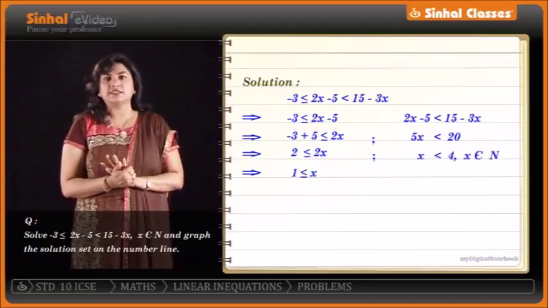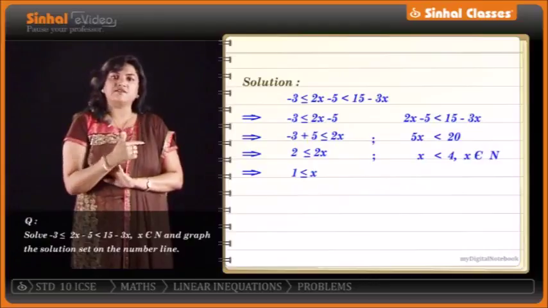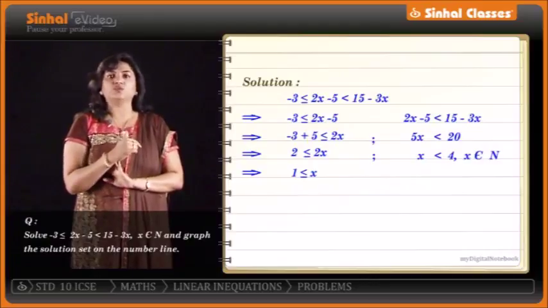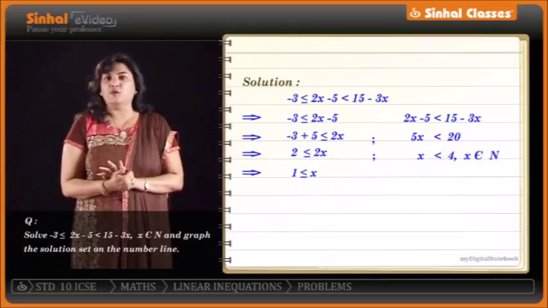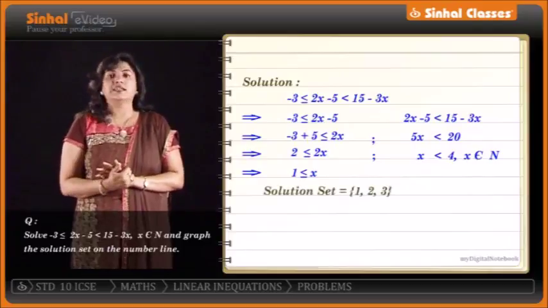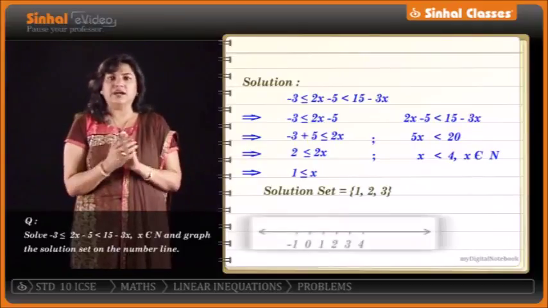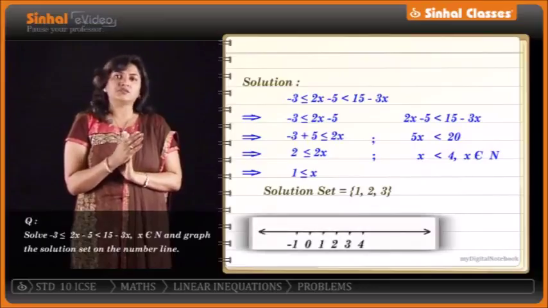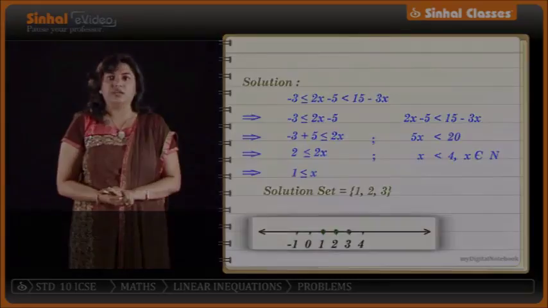Here x is a natural number, so we have x greater than equal to 1 but less than 4. So x can take values as 1, 2, 3. We write down the solution set as, now we draw the number line and mark dots on 1, 2, 3.